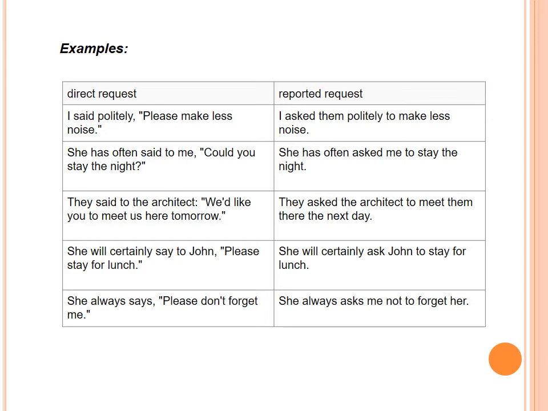In this slide, you have plenty of examples. Please copy them in your copybook and try to analyze them.